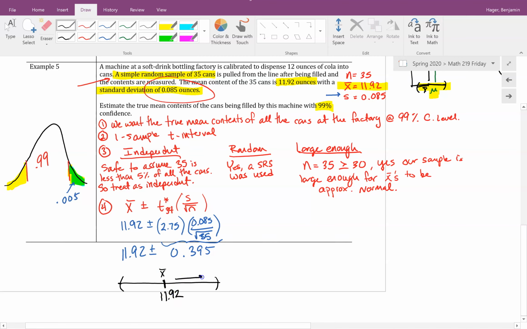When I add on the margin of error, I'm up to 12.3. Let me make sure I did that right, because it's not matching the number I had. Oh, but when I did it, I used StatCrunch, so that could totally be it. Let me just one more time make sure my margin of error is right.